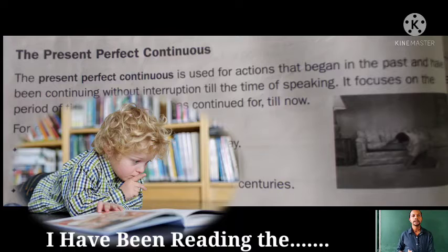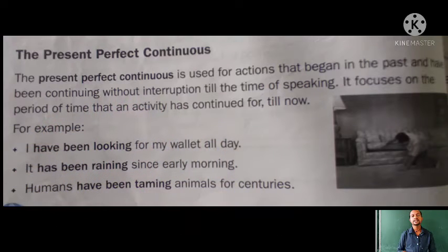That means your work started long back and till now you are doing it. So for any action that starts in the past and continues till the present, we use this present perfect continuous tense.